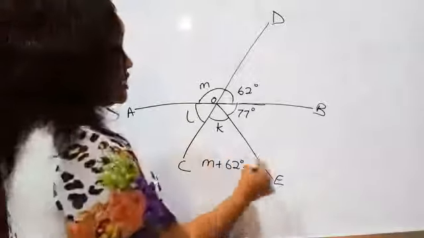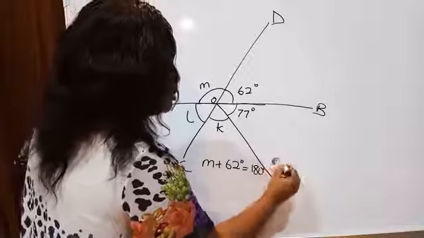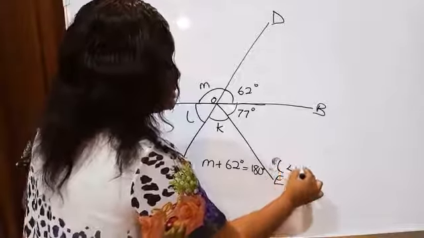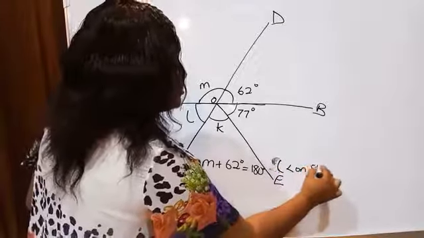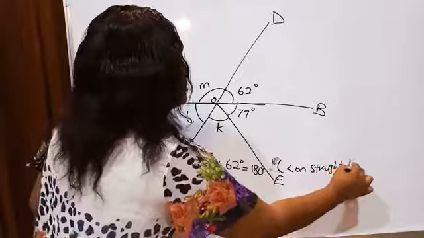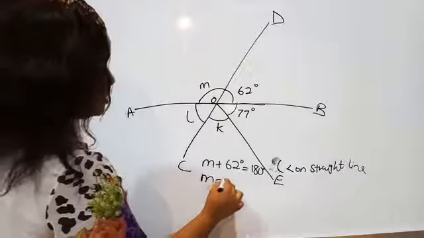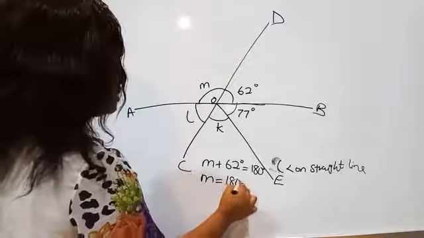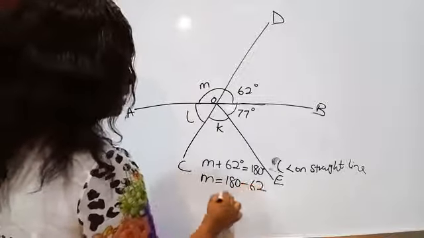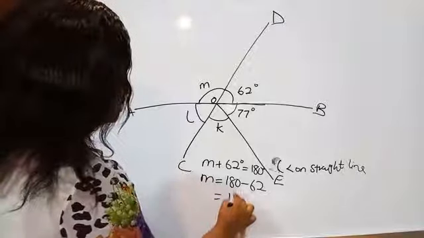Now the reason for this is what? In brackets you write angle on a straight line. So you have m equals 180 minus 62, and it gives us 118 degrees.